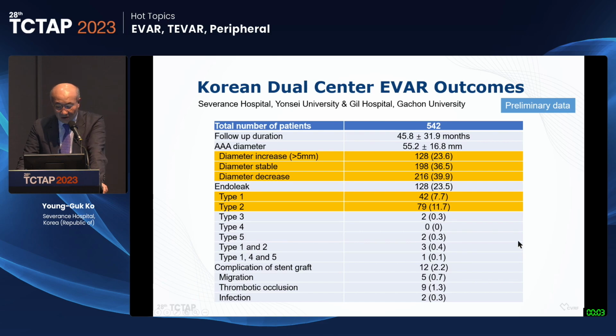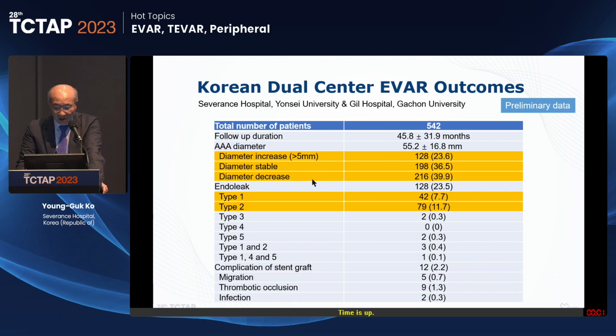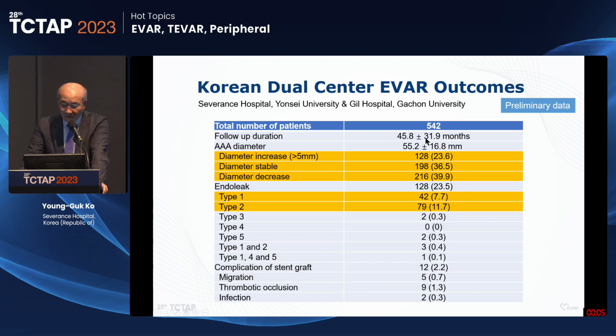And we found aneurysm sac shrinkage in about 40% at about 4-year follow-up, and 24% of cases showed expansion of the aneurysm sac. Type 1 endoleak was found in 7%, and type 2 endoleak was found in 11%.